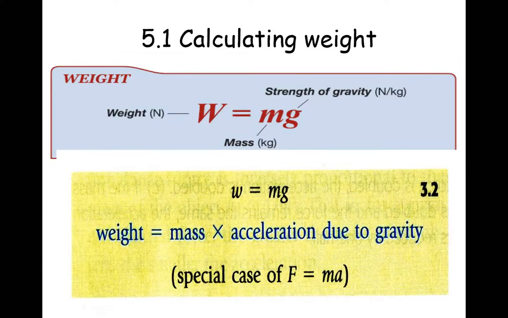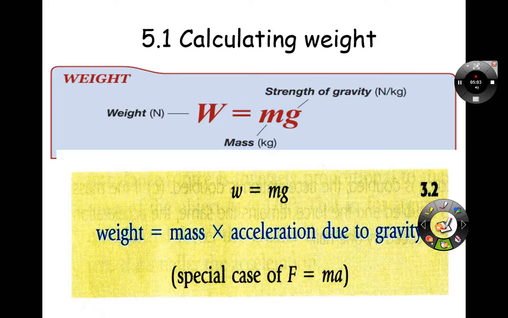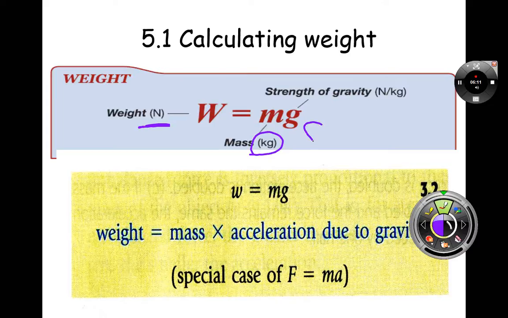You need to know that weight is equal to mass times acceleration due to gravity. Please write this down. Weight is equal to mass times acceleration due to gravity. The weight in our problem is going to be in newtons, our mass is going to be in kilograms, and acceleration due to gravity on planet Earth is 9.8 newtons per kilogram.